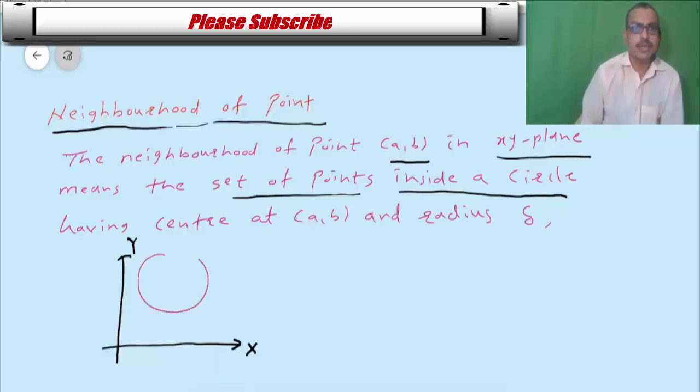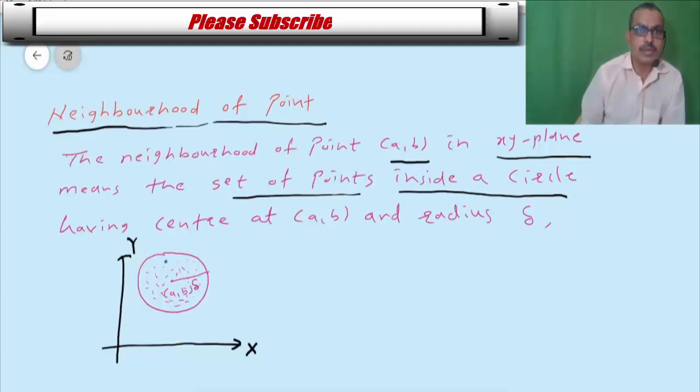And this one be a circle with center point (a, b) and radius delta. And the set of points inside a circle with center (a, b) and radius delta.